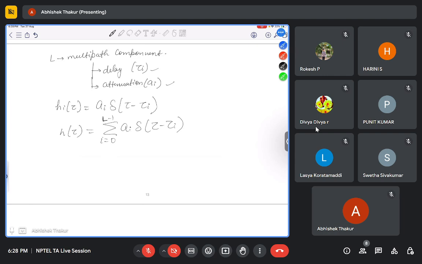This is the impulse response of an LTI system.